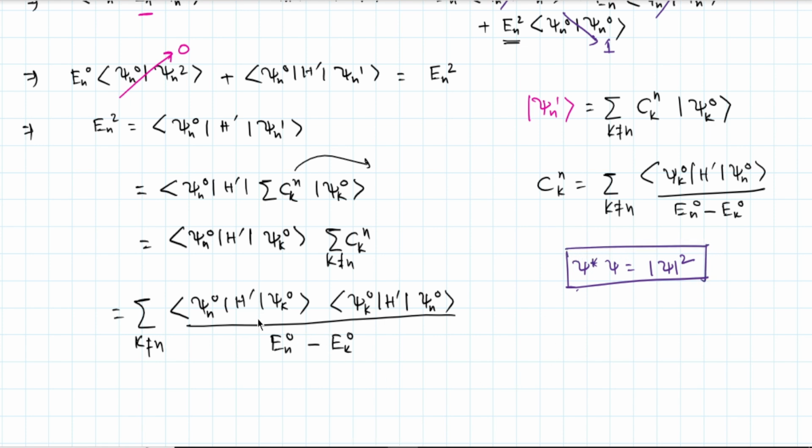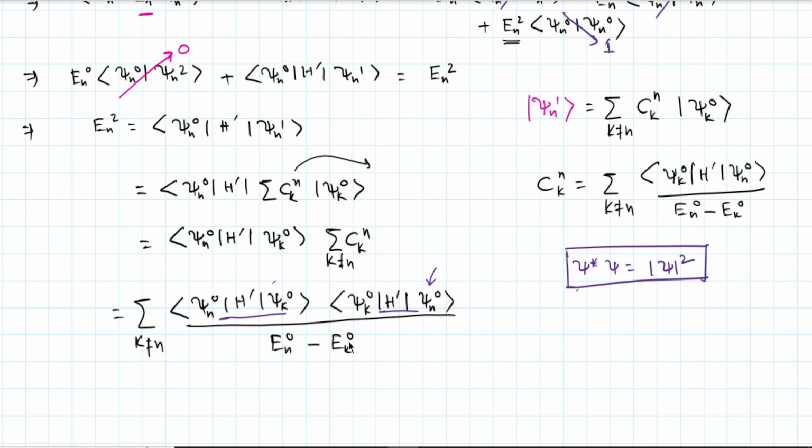So after that, there are the two terms, this term and this term. Look at the two terms very closely and carefully, then you can see that psi n 0 is in the bra notation, and here psi n 0 is in the ket notation, and here psi k 0 is in the ket notation and psi k 0 is in the bra notation.